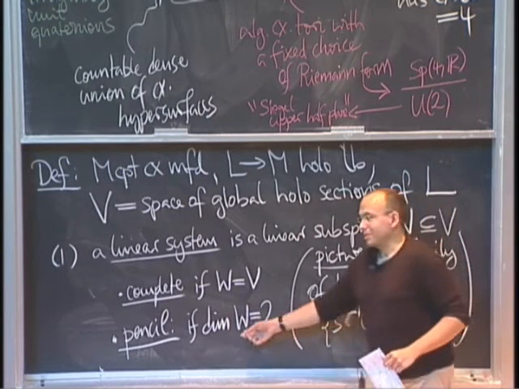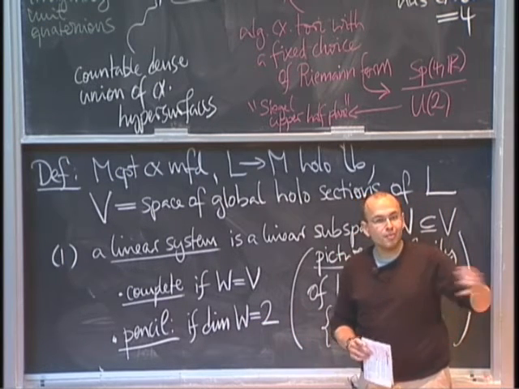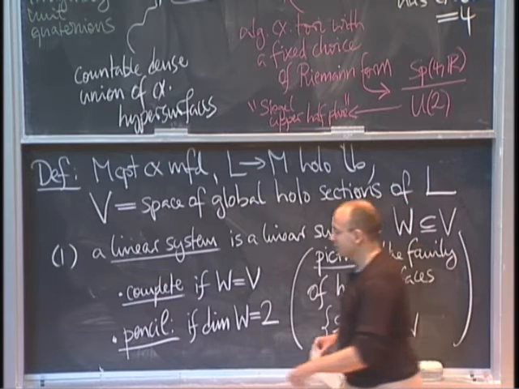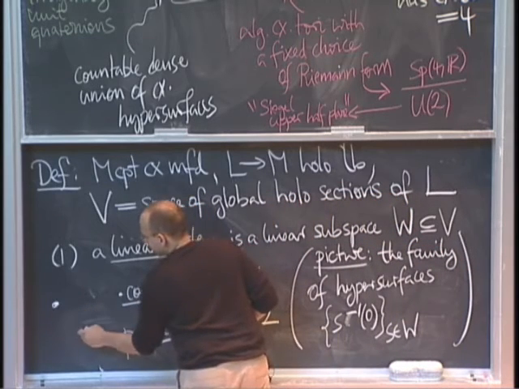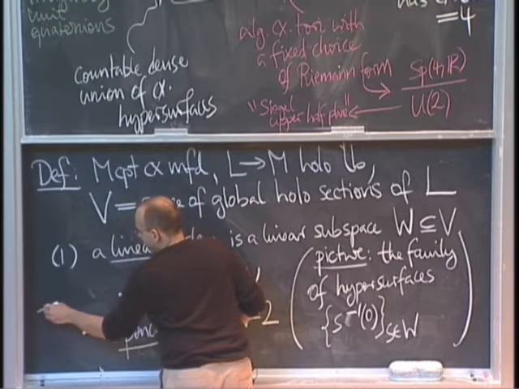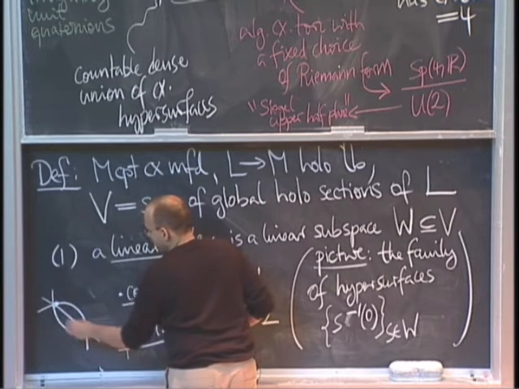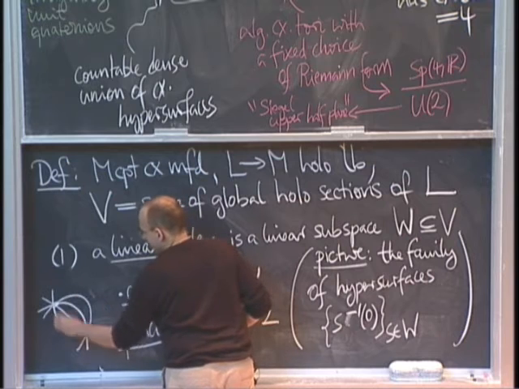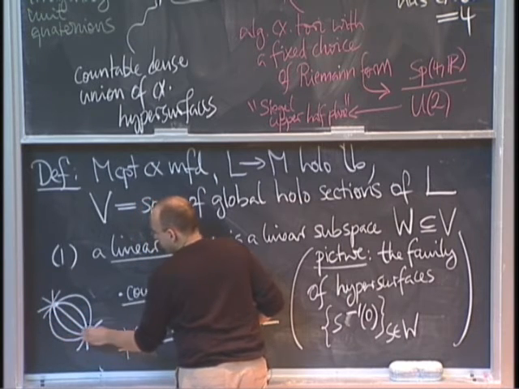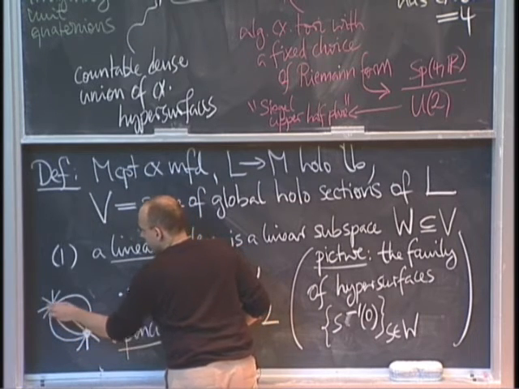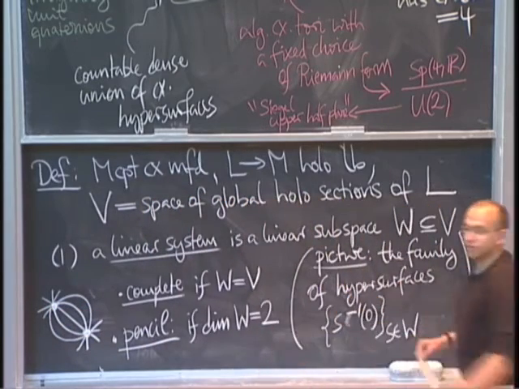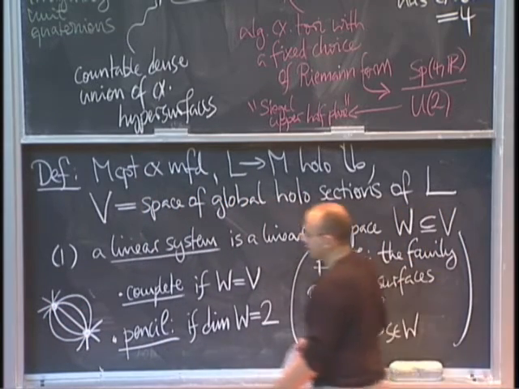So then pencil just means this is a one-parameter family of hypersurfaces. Like, I don't know, all quadratic curves in the plane that pass through two given points, something like that. It depends on one parameter. That's a pencil.